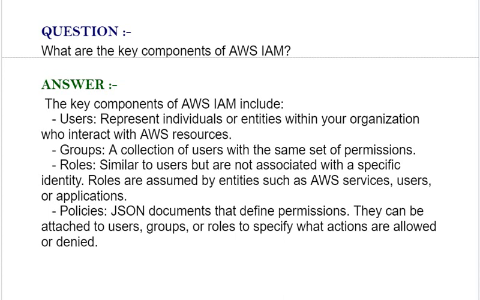Next one is roles, similar to users but not associated with a specific identity. Roles are assumed by entities such as AWS services, users, or applications. And the last one is policies, JSON documents that define permissions. They can be attached to users, groups, or roles to specify what actions are allowed or denied.